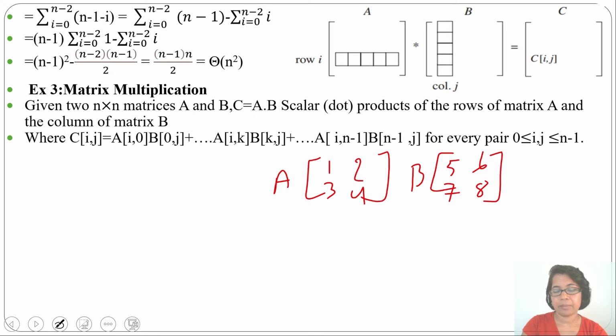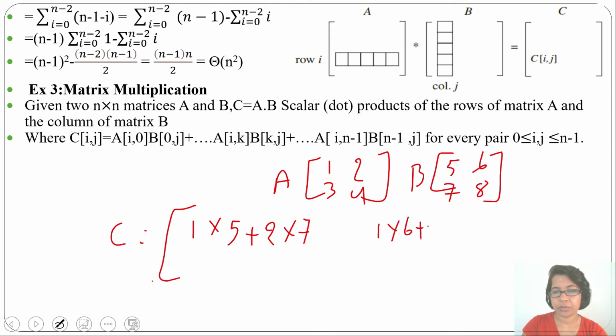And C will be A multiplication B. So C will be 1 multiplication 5 plus 2 multiplication 7, and here 1 multiplication 6 plus 2 multiplication 8. Here it will be 3 multiplication 5 plus 4 multiplication 7. Here it will be 3 multiplication 6 plus 4 multiplication 8.